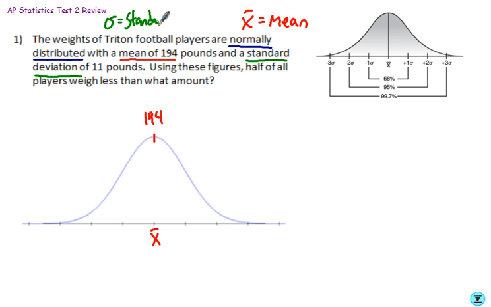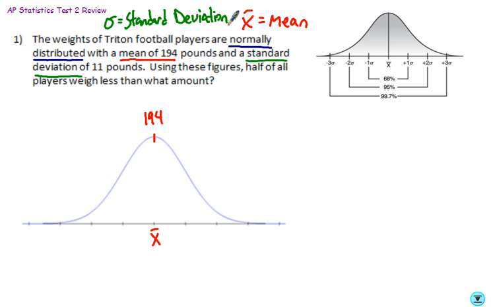What the standard deviation does is it measures how spread out the data points are from the mean. Are most of the numbers close to the mean, the average, or far from the mean? When you talk about SOCS, shape, outliers, center, spread, one of our measures of spread, in addition to range, is the standard deviation.